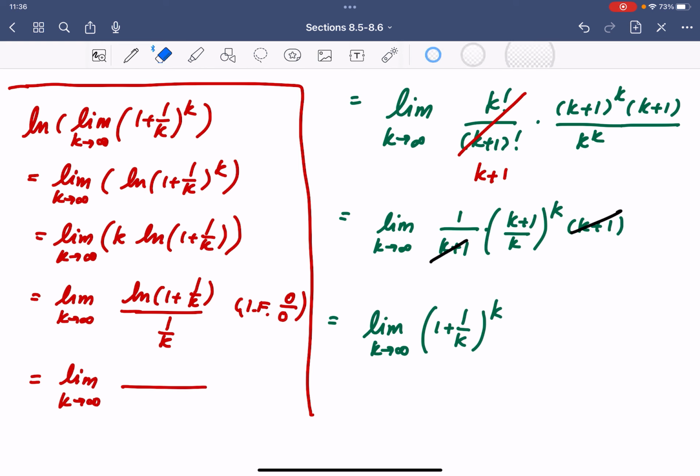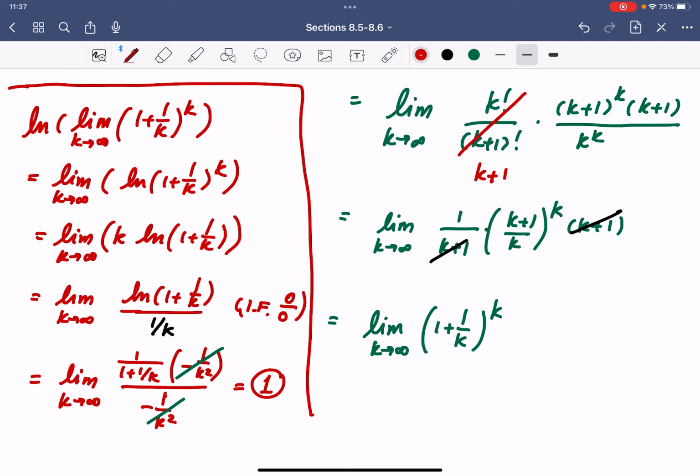So differentiate log 1 plus 1 over k. So you get 1 over 1 plus 1 over k, and by differentiating using the chain rule inside, you're going to have minus 1 over k squared. And then differentiate 1 over k, so I get minus 1 over k squared as well. And then now this term is going to cancel out. Good for me. So I only have 1 over 1 plus 1 over k now, and that means the limit is 1.